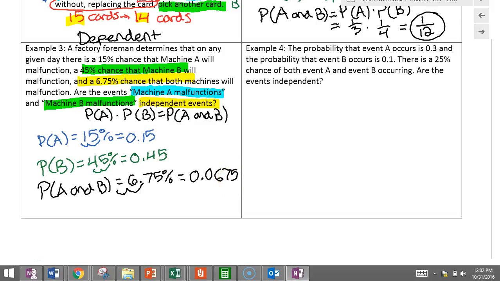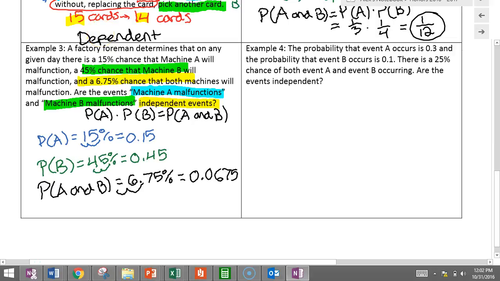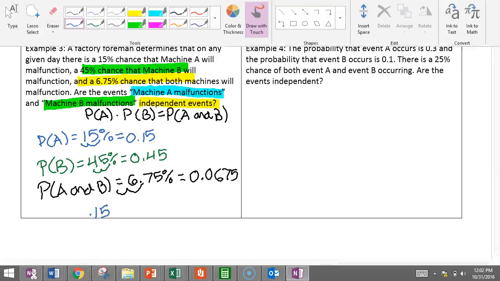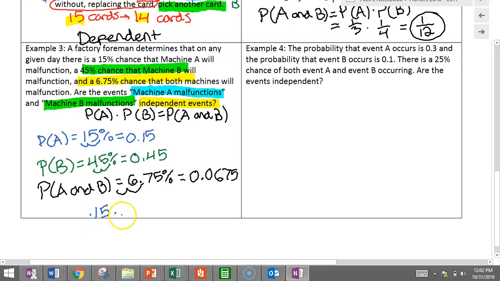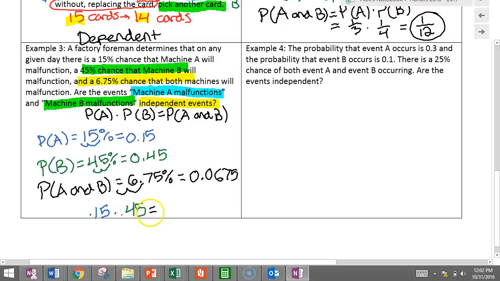Okay. So now I'm just substituting these in. So I have 0.15 times 0.45 has to equal 0.0675. Okay?